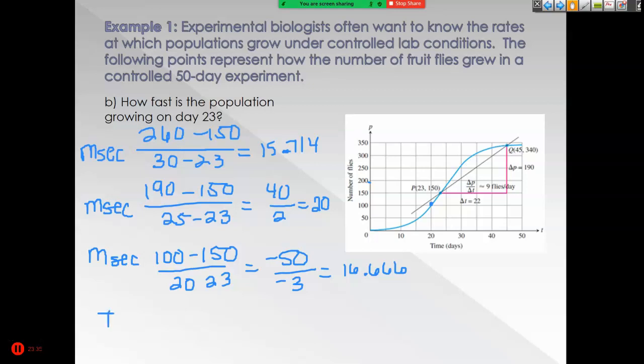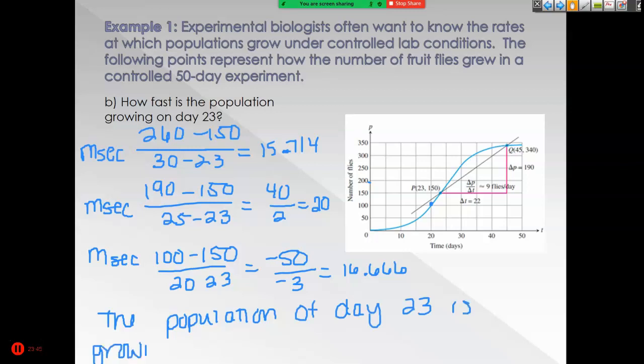So the population on day 23 is growing at a rate of, and again, you could just pick in between those 2 points. So maybe like 18.5 fruit flies per day.